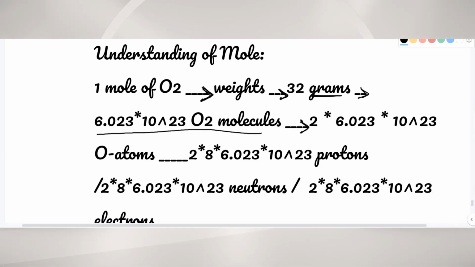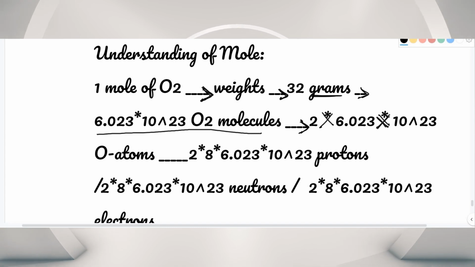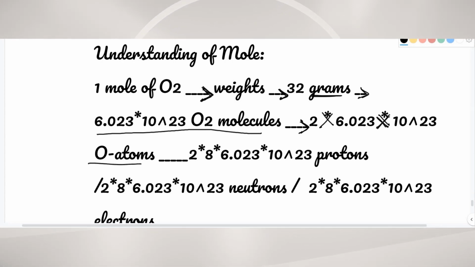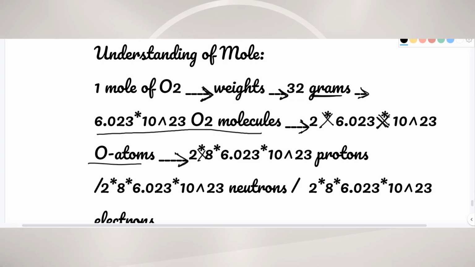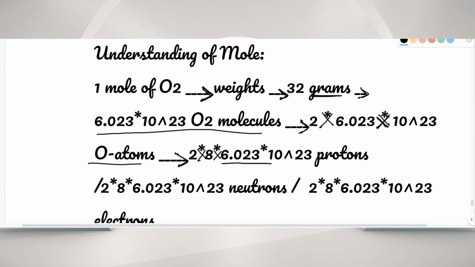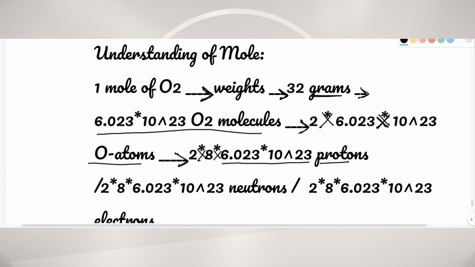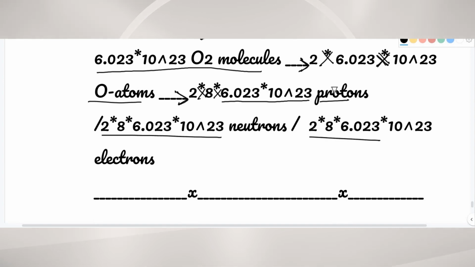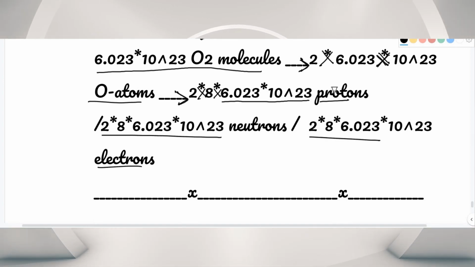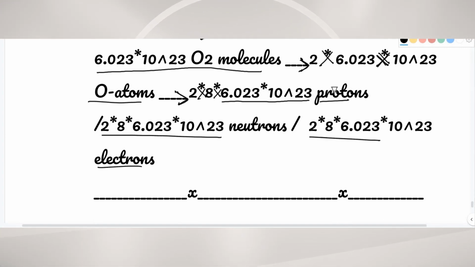That is the same as 2 times 6.023 into 10 to the power 23 oxygen atoms, which is the same as 2 into 8 into 6.023 into 10 to the power 23 protons, which is the same number of neutrons and the same number of electrons.